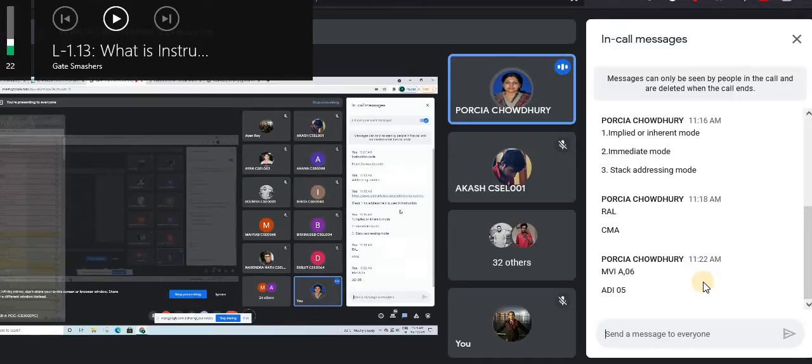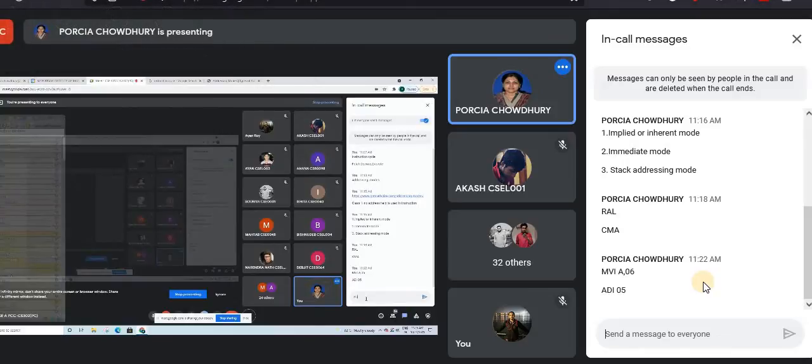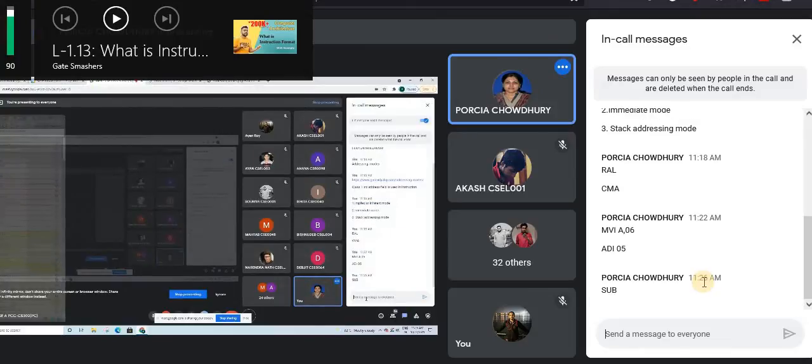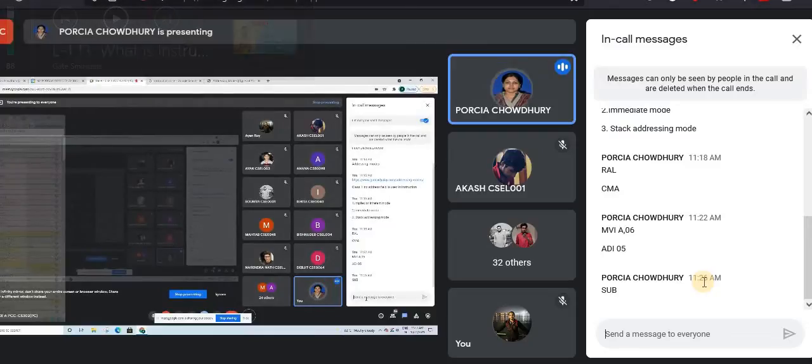Now this is the example of stack addressing mode. One opcode subfield, no address field will be used. SUB is one arithmetic operation.